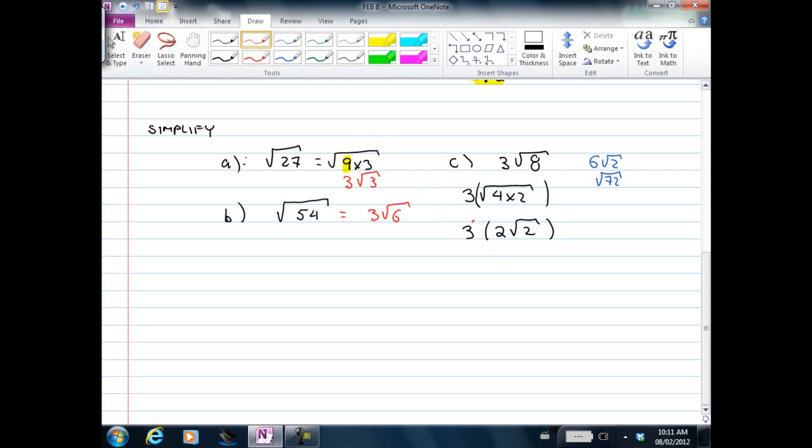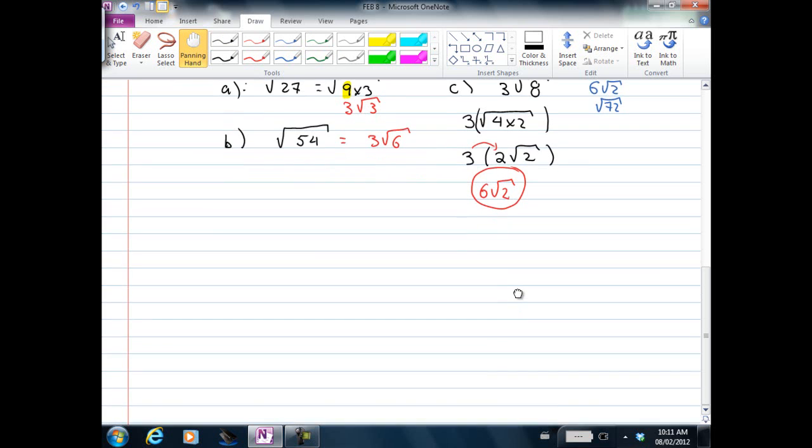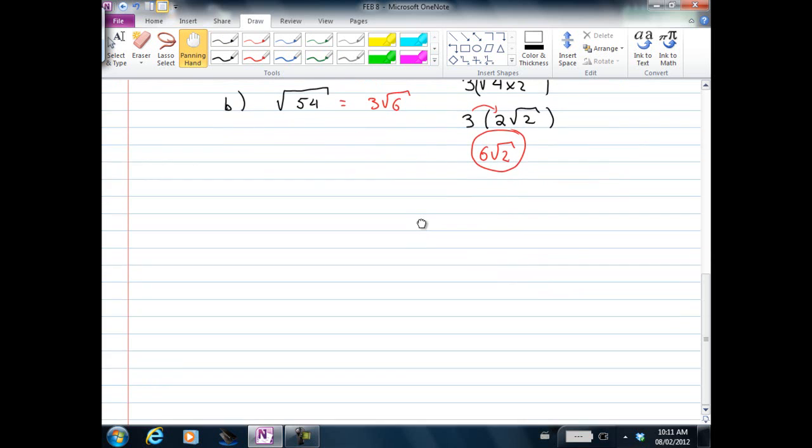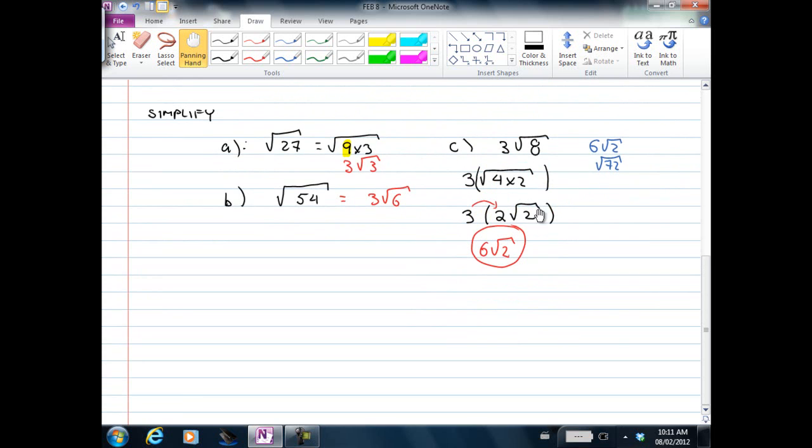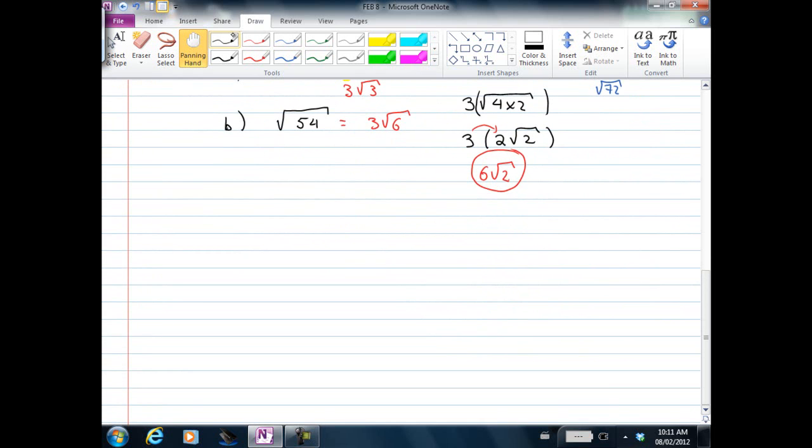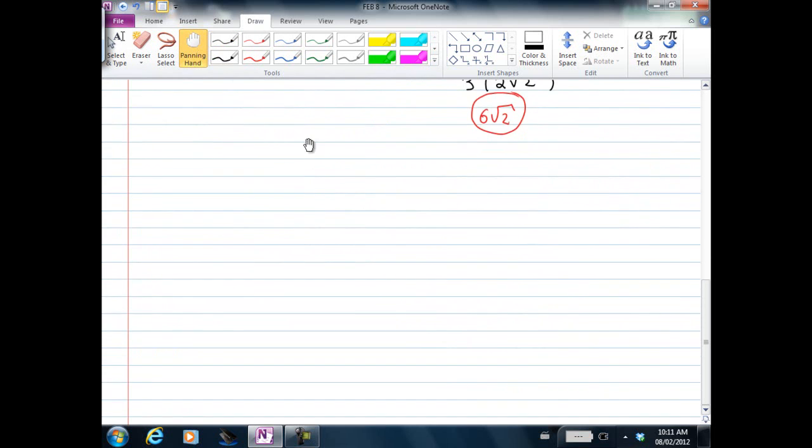So the answer is 6 root 2. We don't multiply this 3 with the root 2 because you can only multiply on the outside. Okay, guys, gals, a few more questions like this. I'm going to show you. Jason, your answer is right in a way, but I'm going to show you why it's not the correct case.